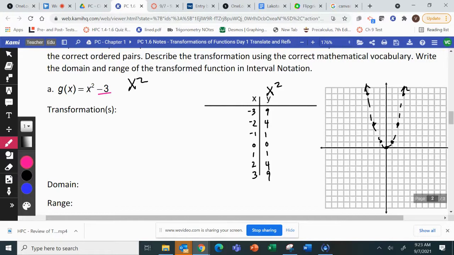This says -3. What do you guys think it is? Up or down? When it's vertical, it's complete common sense. It keeps the same sign. Yeah, it's going to be down. We write translate down 3 units.